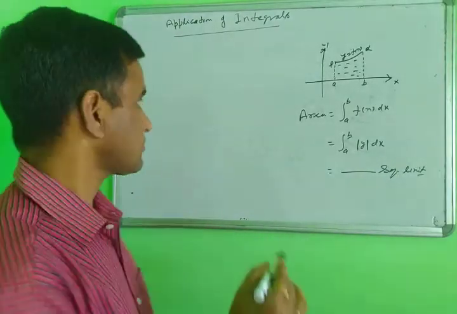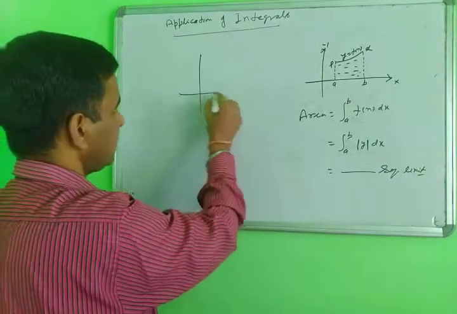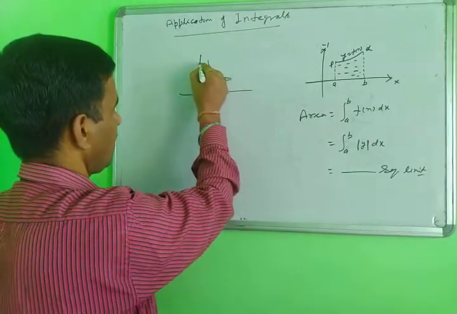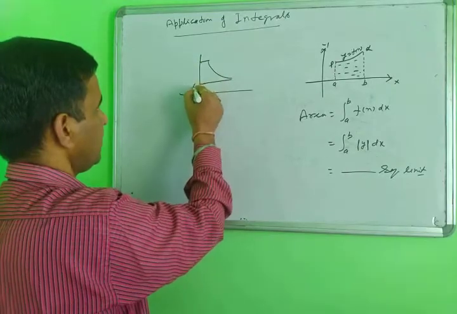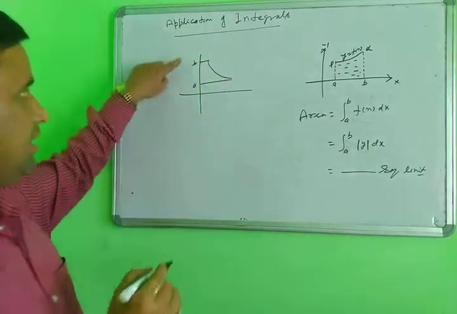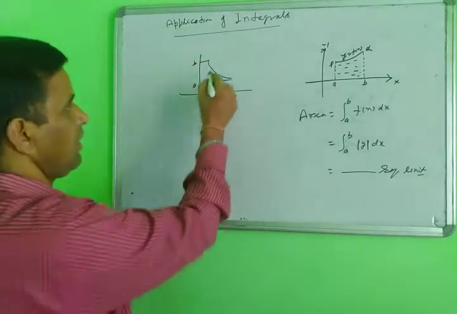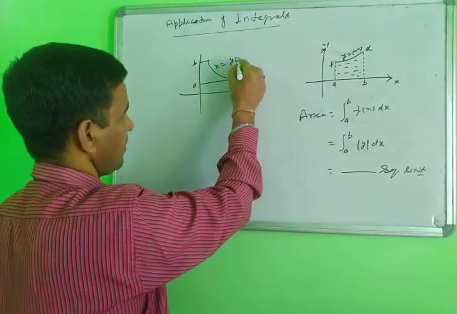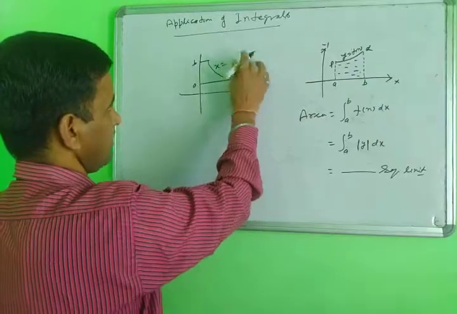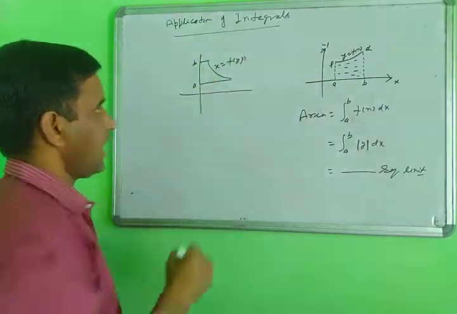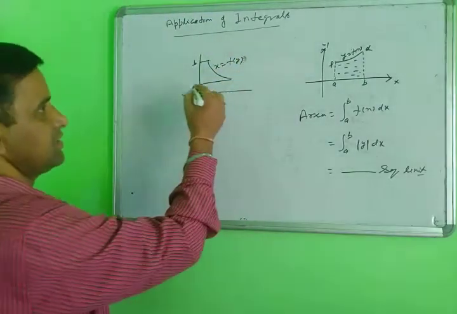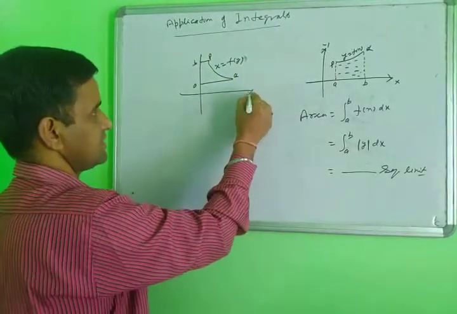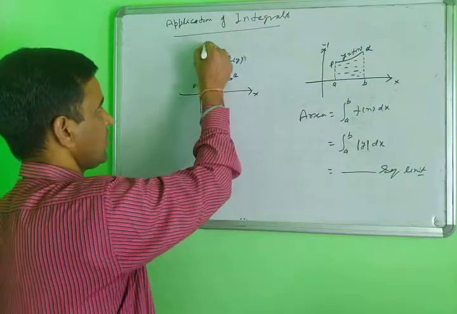Second thing, suppose the curve is in this shape. The upper limit here is B and the lower limit here is A, and the equation is x equal to f(y). This is the x-axis, this one is the y-axis.